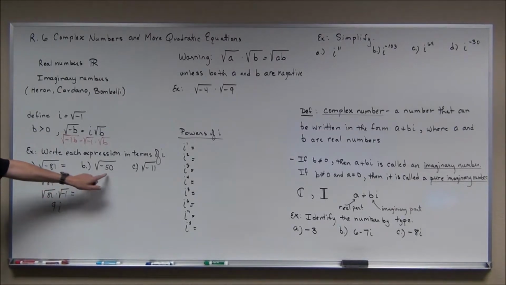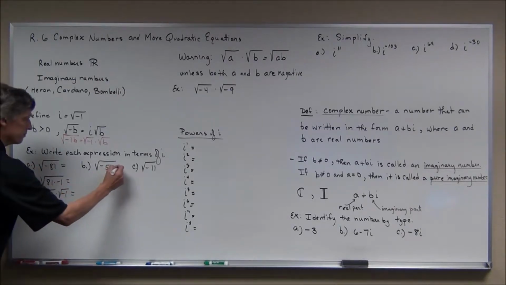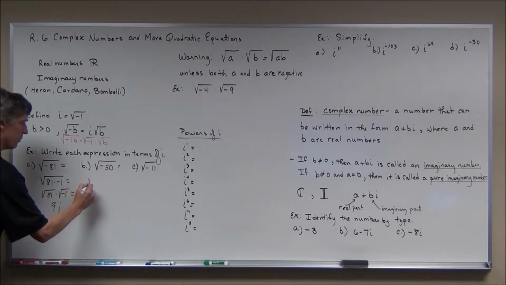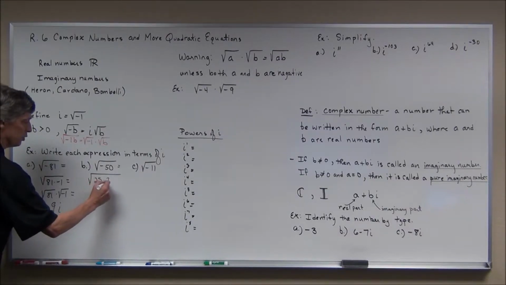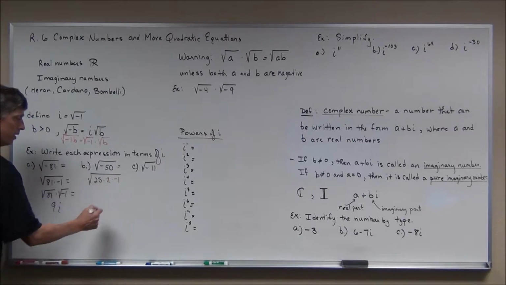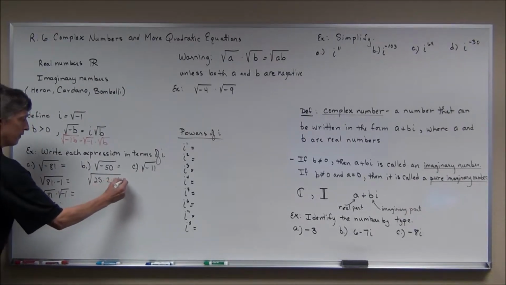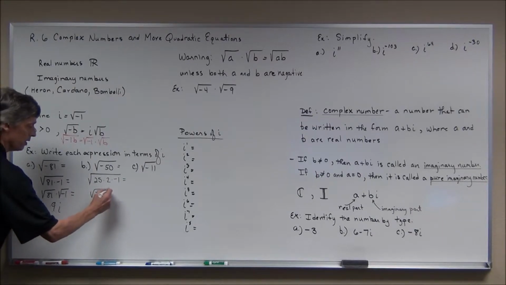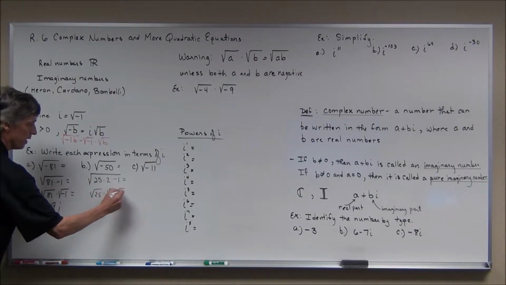Now in this problem here, this simplifies, because 50, although not a perfect square, has a perfect square factor. So maybe one more time here. I'm going to break this down to 25 times 2 times -1. The square root of 25 times the square root of 2 times the square root of -1.